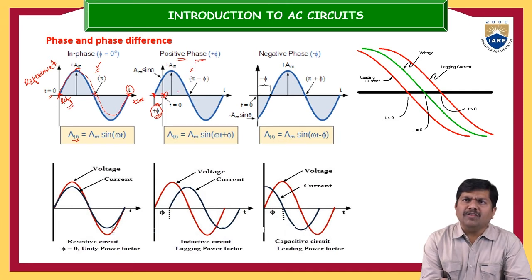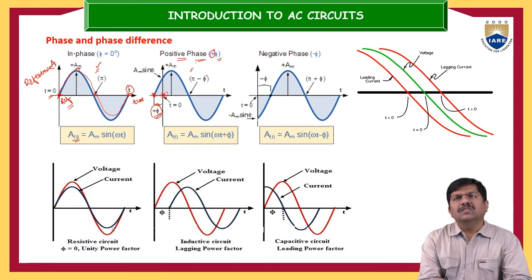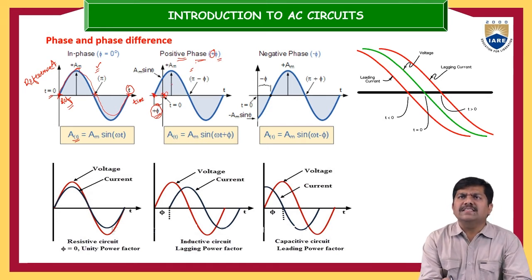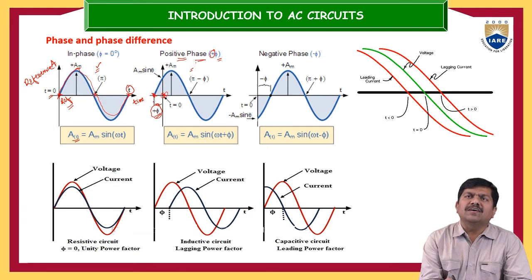So this particular waveform has an angle of advance, or a positive phase. It is represented with a plus, and the phase is pi. So how can we represent this? Of course, it originated not at t equal to 0 but at some other angle, which was advanced by an angle of pi.